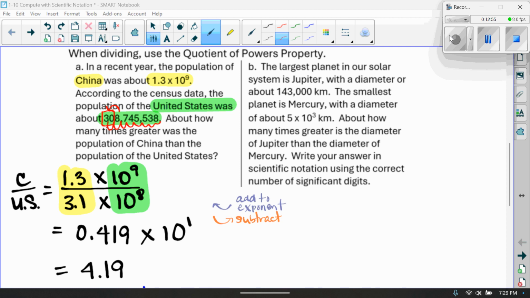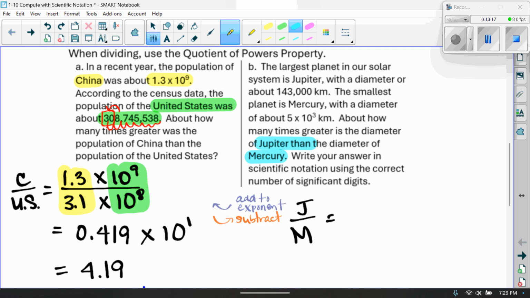So this one, we want to know how many times greater is the diameter of Jupiter than Mercury. So we're comparing Jupiter to Mercury. Okay, so Jupiter is right here, 143,000.